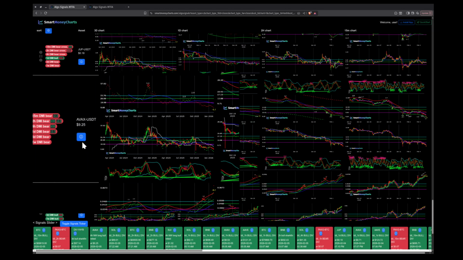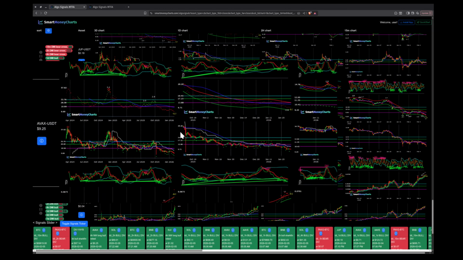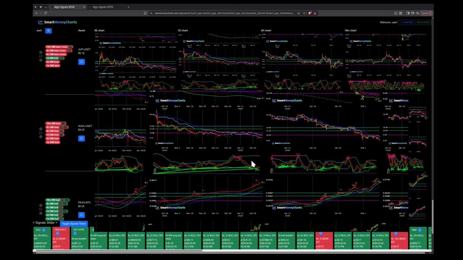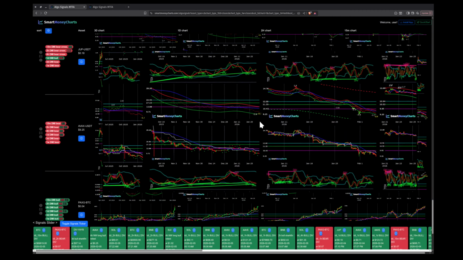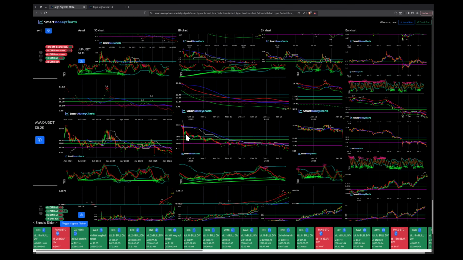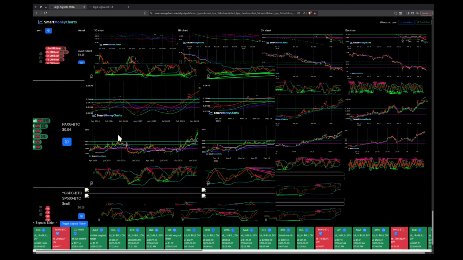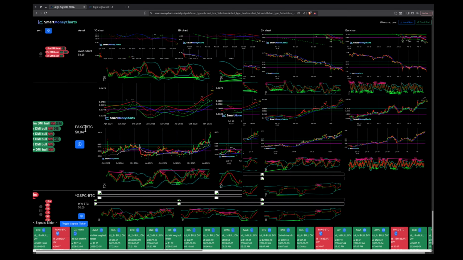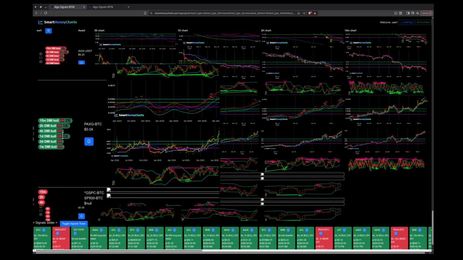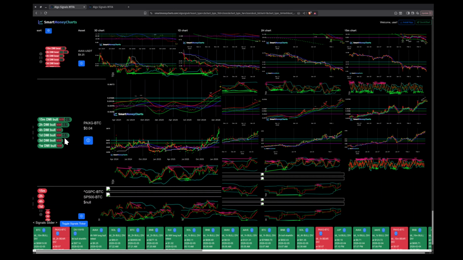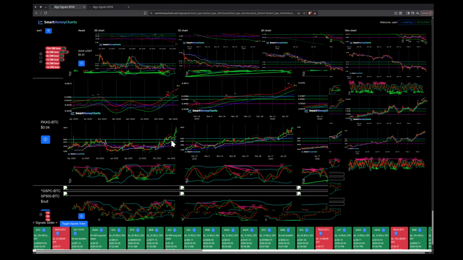Okay, AVAX, wow, $9. Very similar story. I do like AVAX. And the PAX G Bitcoin, so that's a gold to Bitcoin ratio, right? You've got, yeah, it's overextended.